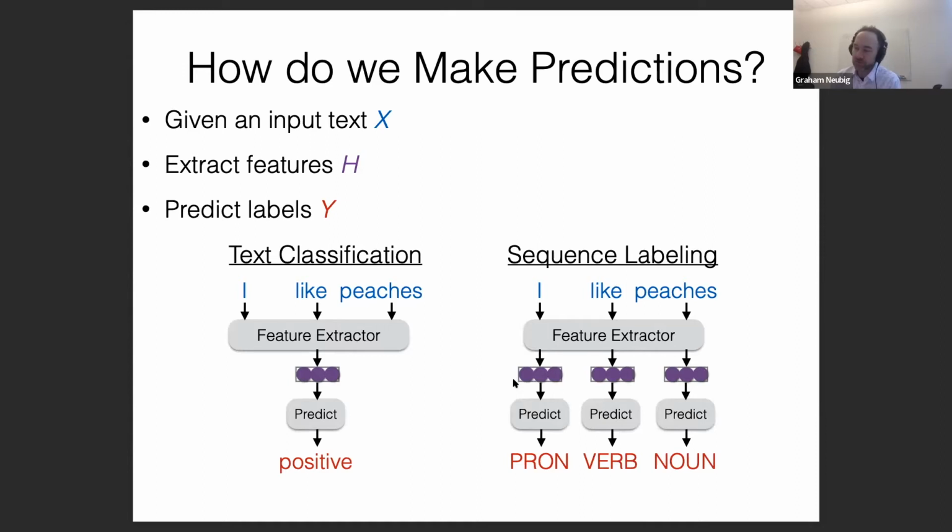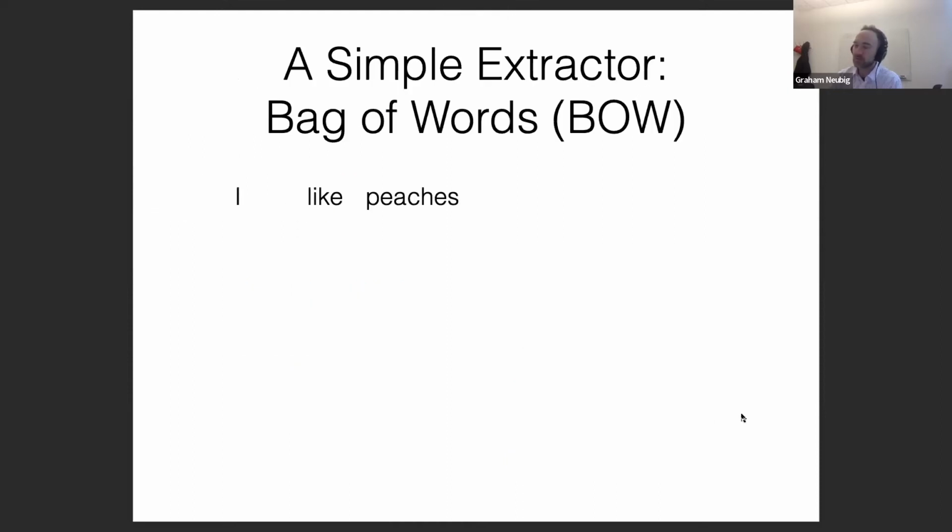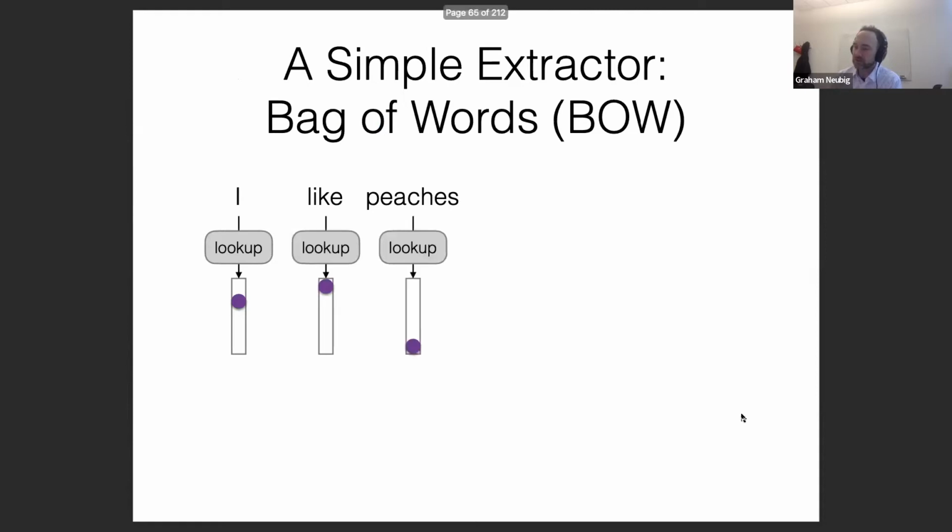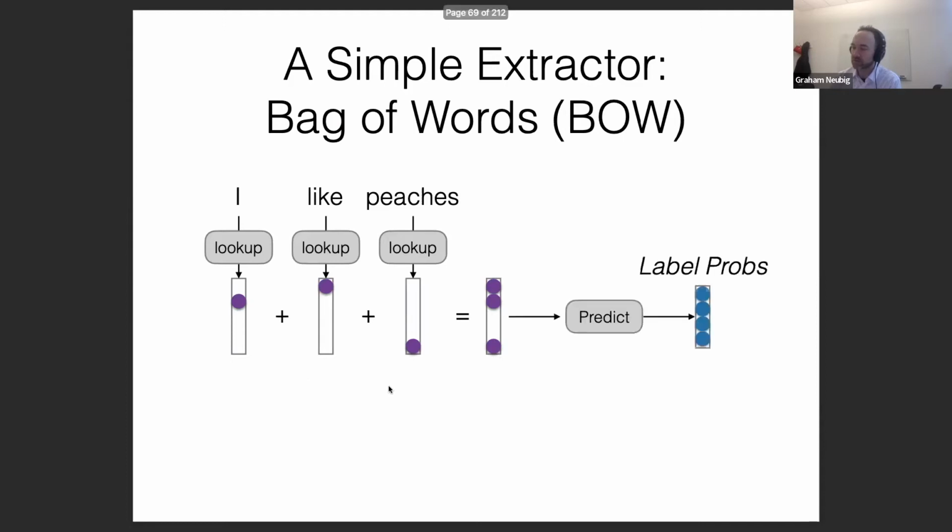Either way, we need a feature extractor. It's just a matter of whether we are extracting a single vector of features for the whole sequence or one vector for each word. A very simple feature extractor that we might use for text classification is bag of words, where we look up a single feature for each of the words, and then we add them together to get a vector representing the number of times a particular word occurred in the sentence.